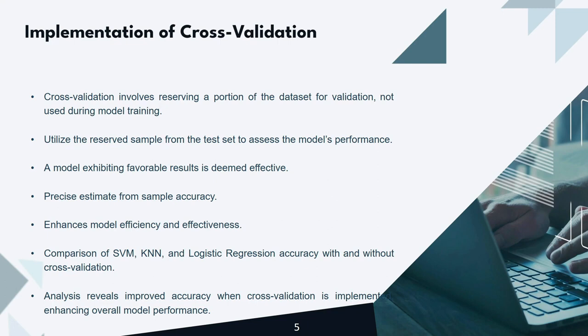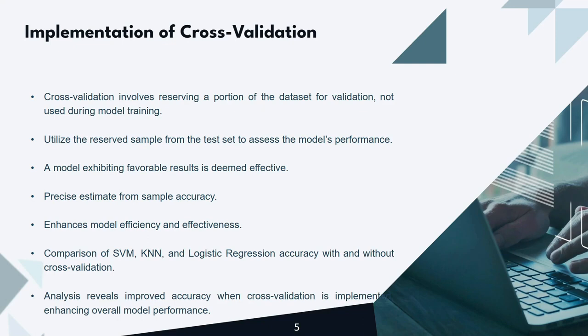In this second draft, my part is implementation of cross validation. Cross validation is a method to set aside a specific portion of a dataset which is not used to train the model. This reserved sample is then used to validate each subset of the training data.